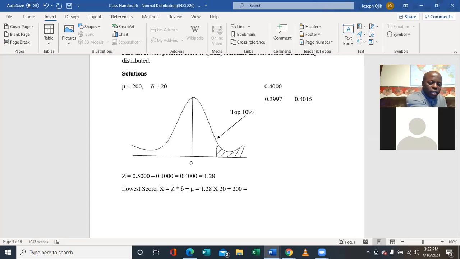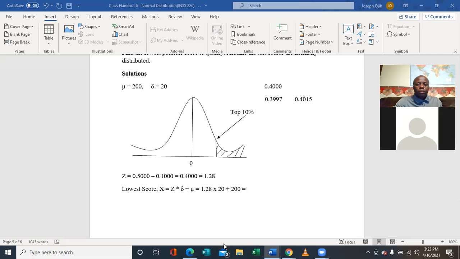So let me write it down, and then we can go to decimals and get this out. So 1.28 times standard deviation of 20 plus 200. This is times, by the way. Make sure. Times.